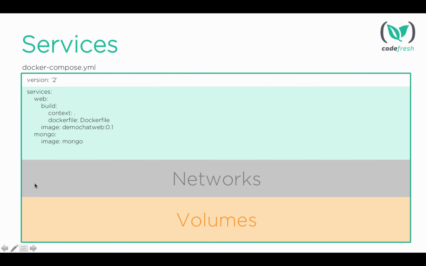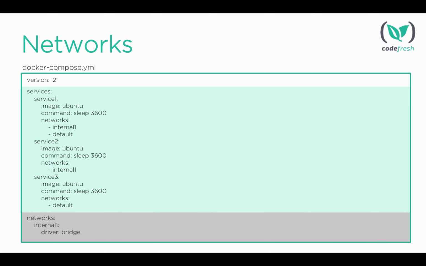So now let's take a closer look at networks and what we can do there. Basically, this section, networks, allows us to create or declare additional networks, and then later on we can specify for each one of the services to which network it will be connected. So in this example, we simply created a new network called internal.